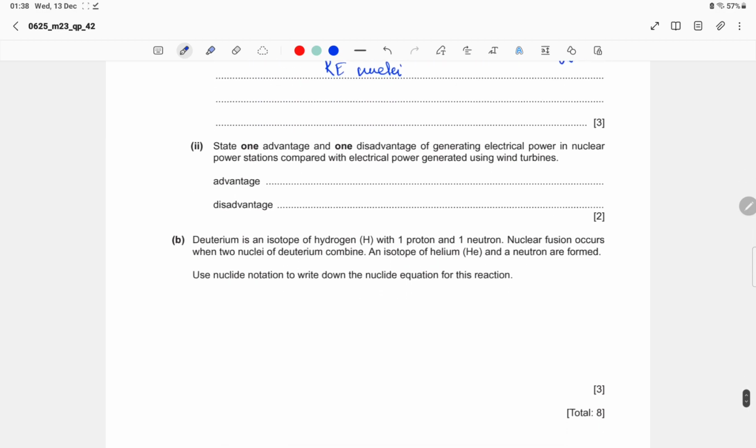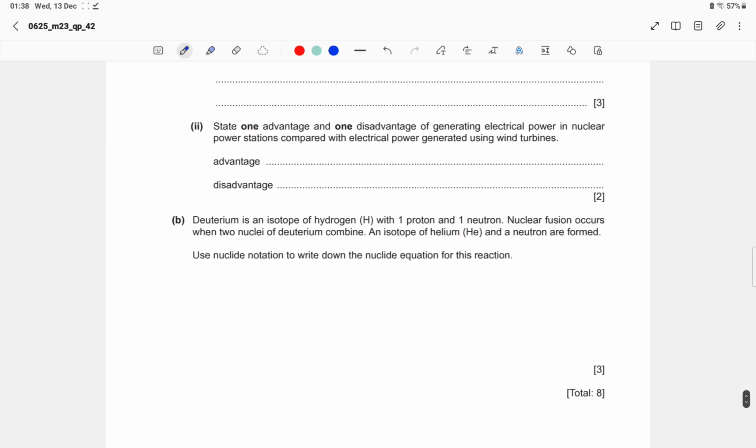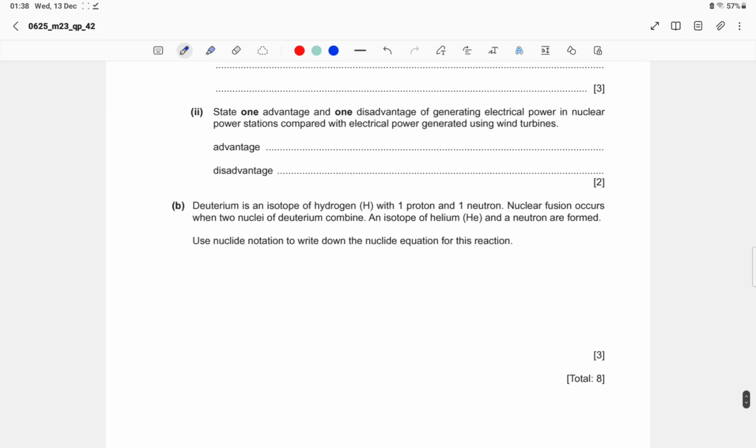Okay, so state one advantage and one disadvantage of generating electric power in a nuclear power station compared to this. So obviously, the advantage is a continuous supply of energy.